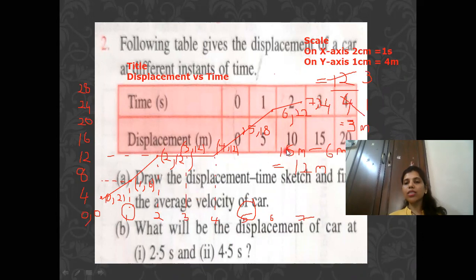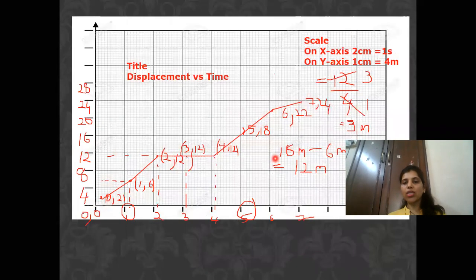So here you can see that the total distance which was covered is 20, and the total time interval which we have taken is 4 minus 0. So 20 upon 4 will give you 5 meter per second, and from the slope also we are going to get 5 meter per second. Whenever it is a straight line graph, the slope will give you the average velocity. Total distance upon total time will also give you the same value.